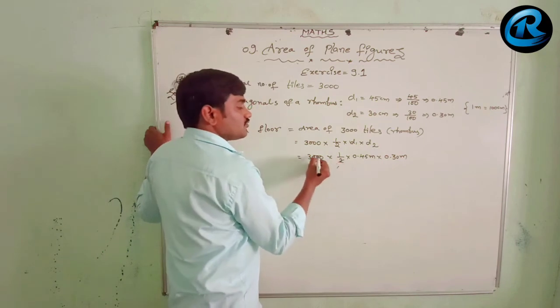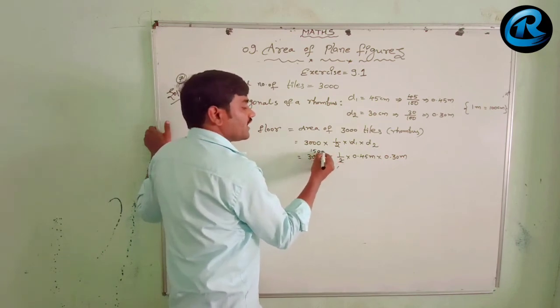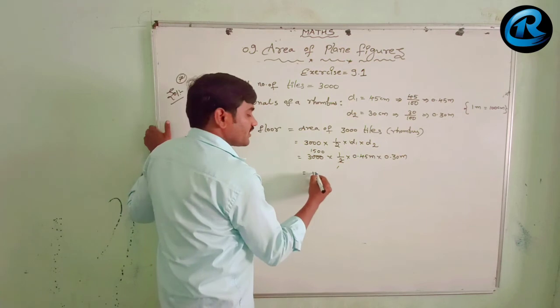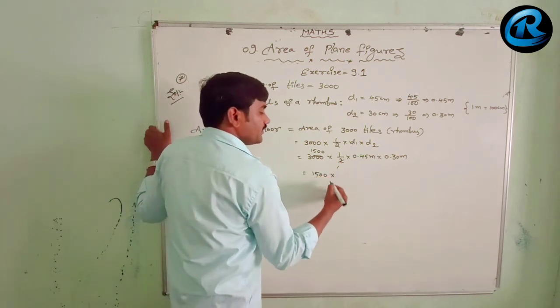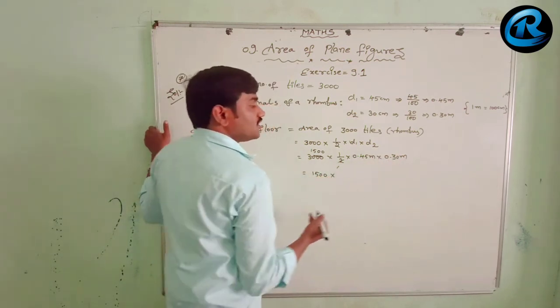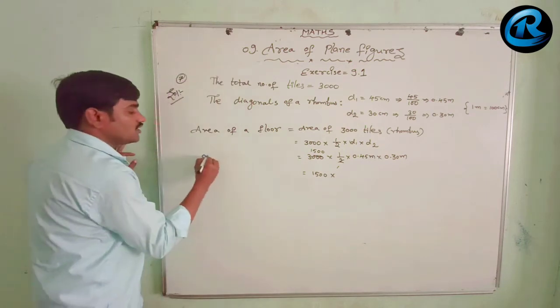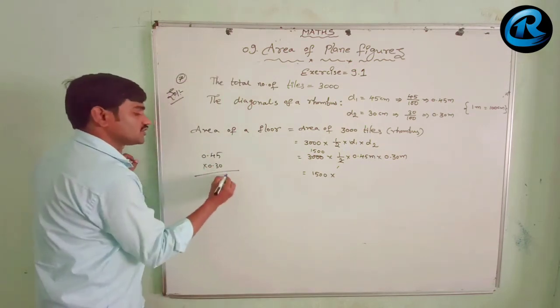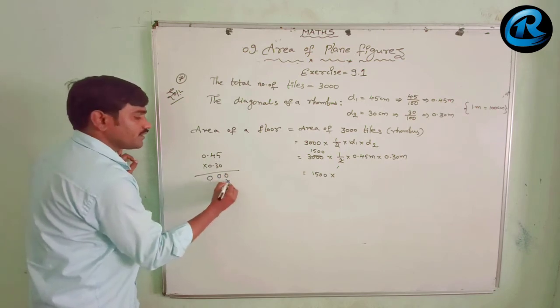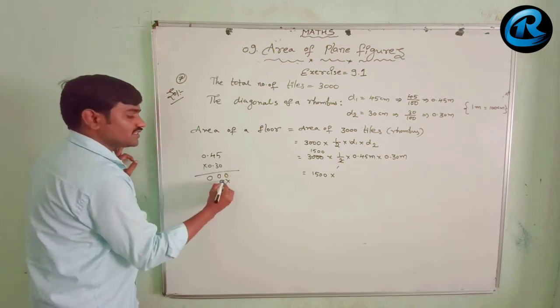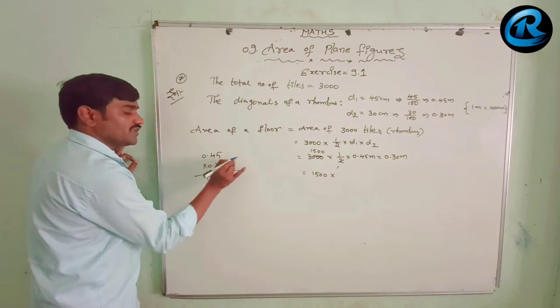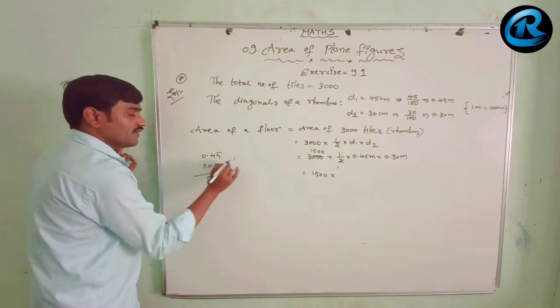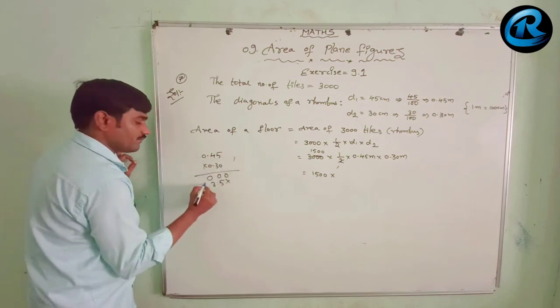Here 2 ones are 2, 15 hundreds are 3000. So here 1500 into 0.45 into 0.30. Let us do it. 0.45 into 0.30. With 0 you multiply, you get the same. With 3 you multiply, 3 5 is 15, 1 carry, 3 4 is 12 plus 1 is 13, 1 carry, 3 0 is 0 and 1.